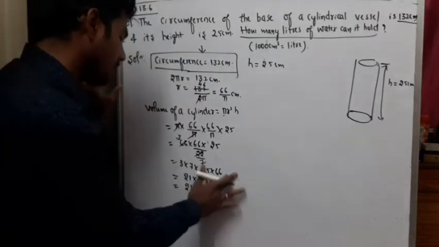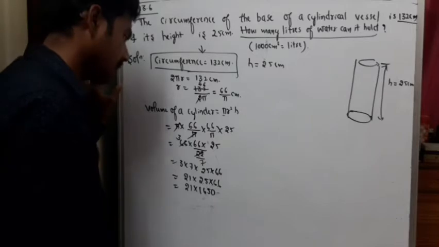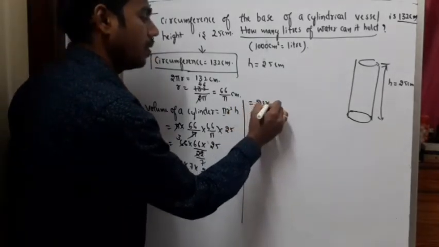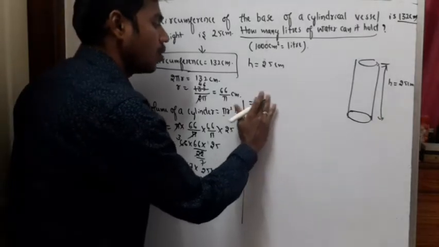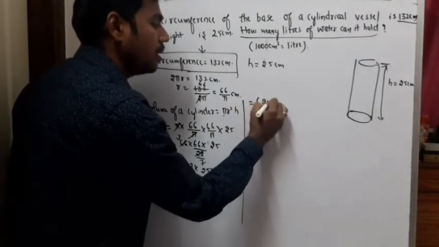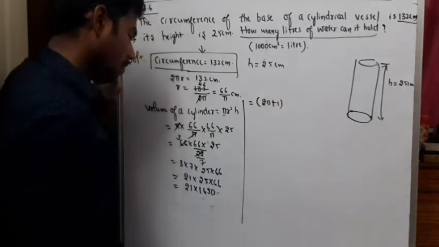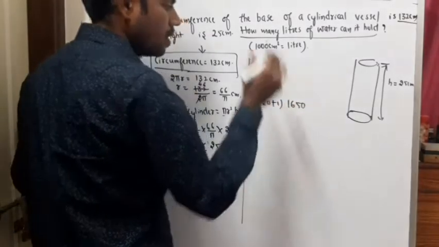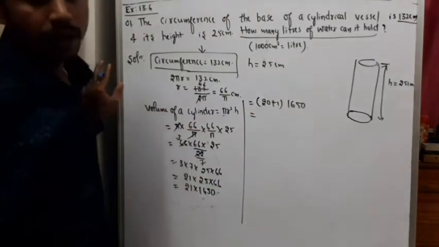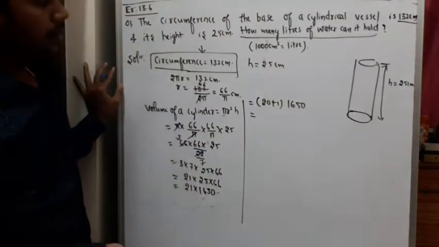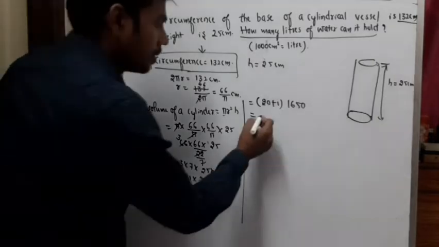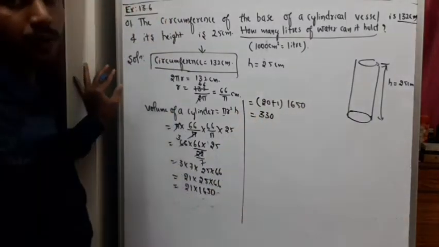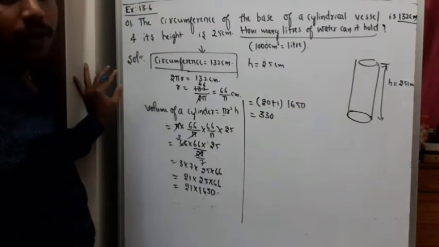21 into 1650 can be written as 21, we can write it as 20 plus 1 into 1650. 165, if you double it, it will be equal to 330. 165 into 2: 160, 320; 5 plus 5, 10.